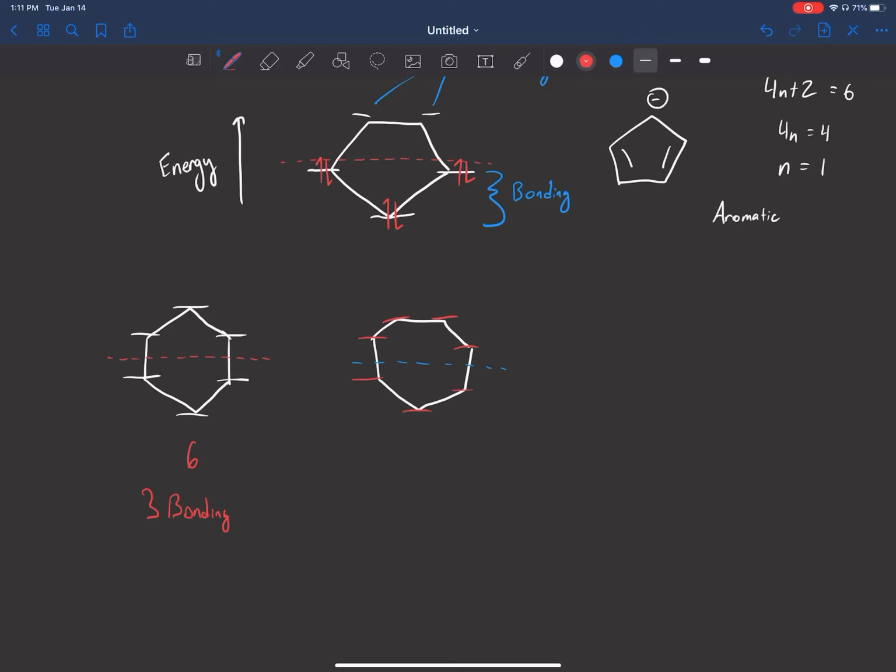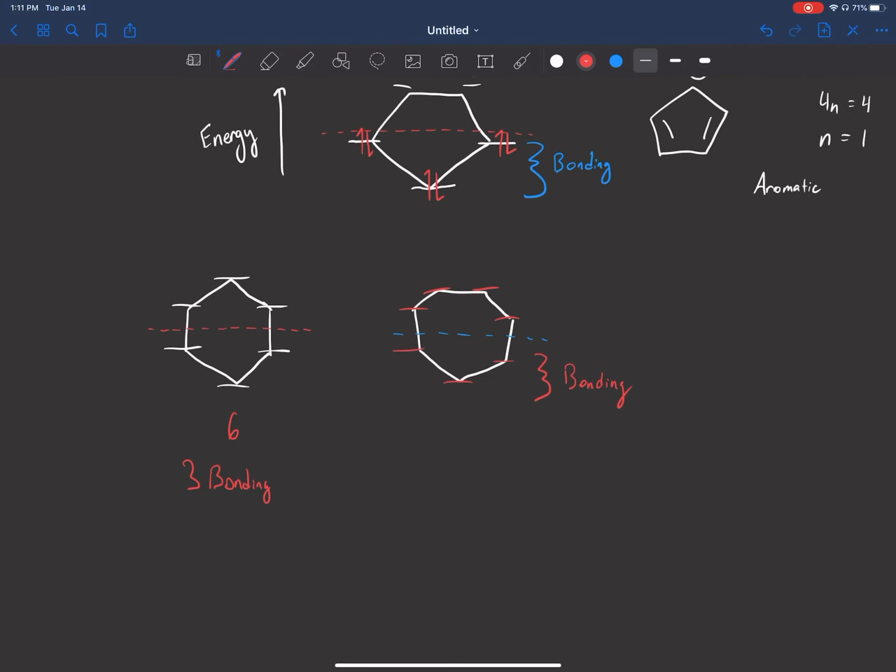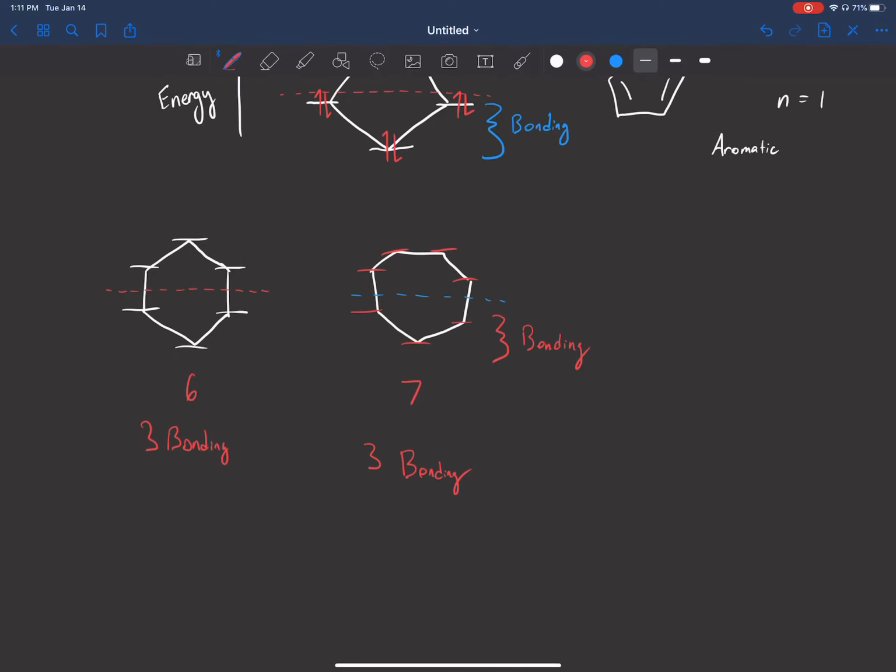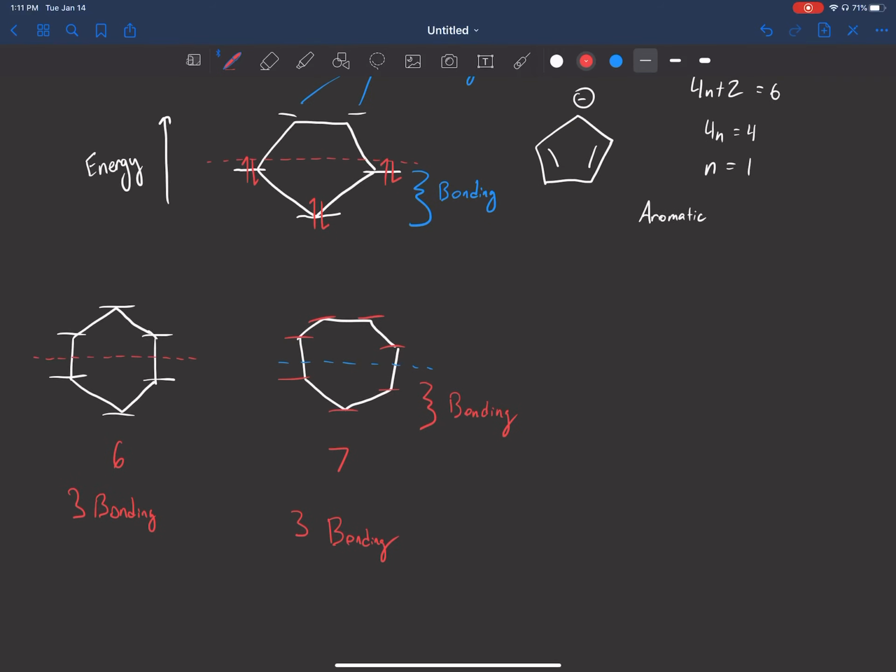And so we'd have, in this case, those are the bonding MOs. So this is a 7-member ring, and we're going to have, again, 3 bonding, and then we can have 4 anti-bonding. But you see the main goal is that we have these right here, they're going to be odd. You want to have that odd number.